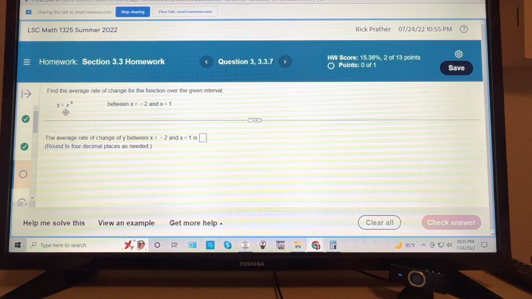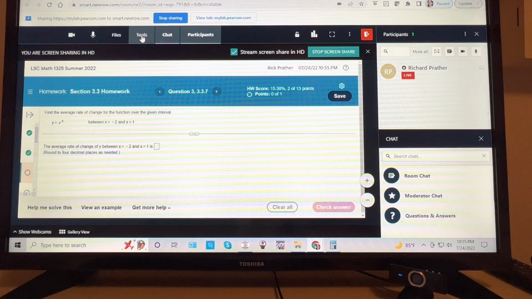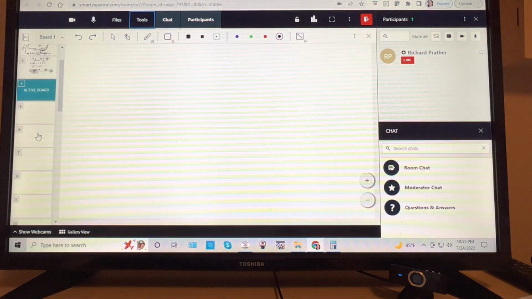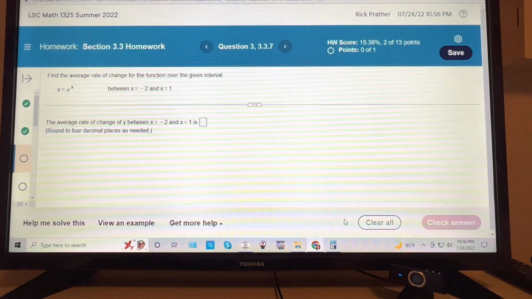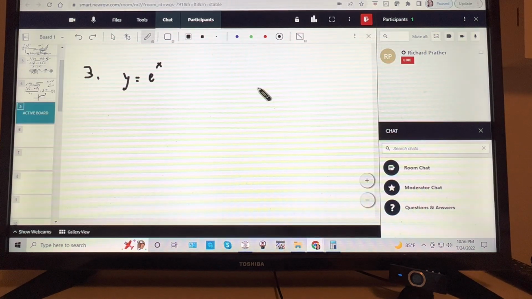Okay, same deal, just got an exponential function, y equals e to the x between -2 and +1. Still asking for average rate of change, from -2 to +1.